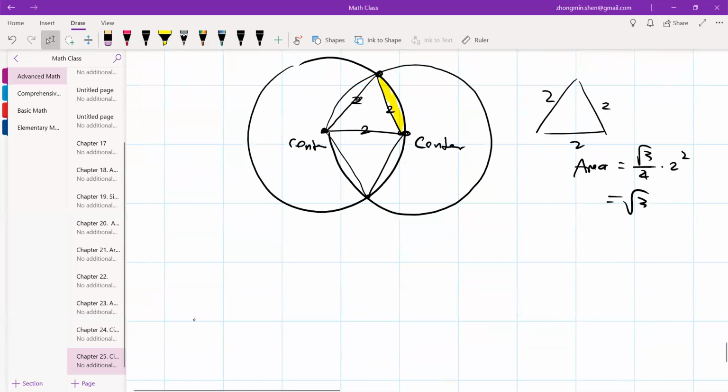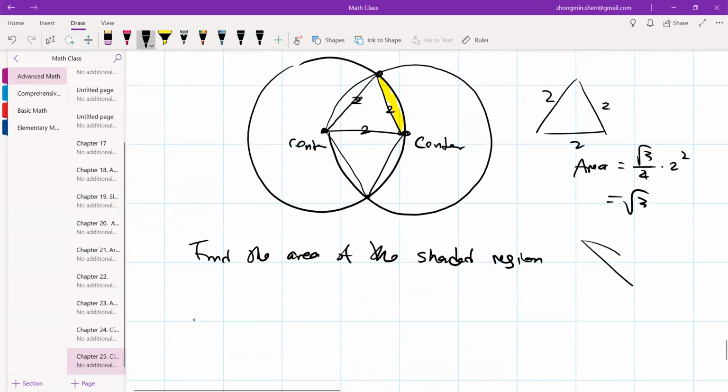See, Edward gave me an answer here already. Just find the area that's small. Find the area of the shaded region, okay? This shaded region.